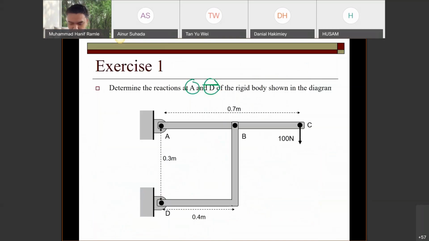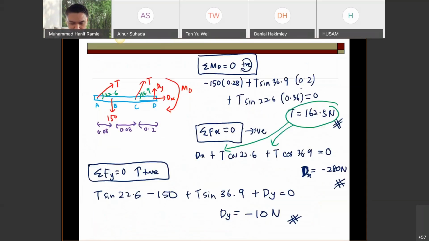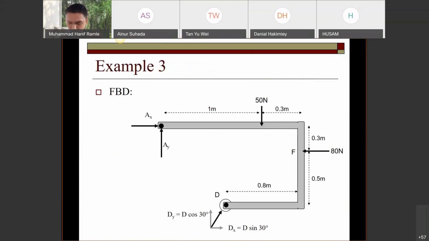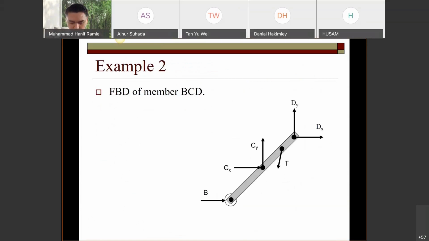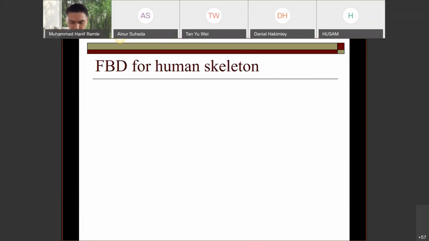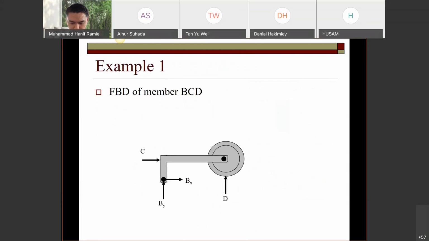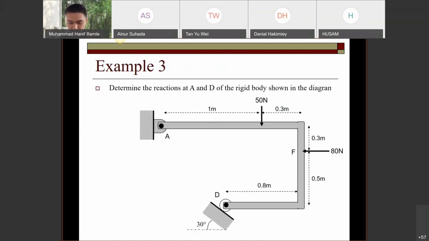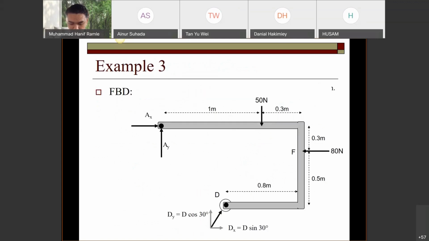Maybe just recap the previous example. Is there any previous example? No. Okay. The equation that I mentioned to you is not the force, not the moment.